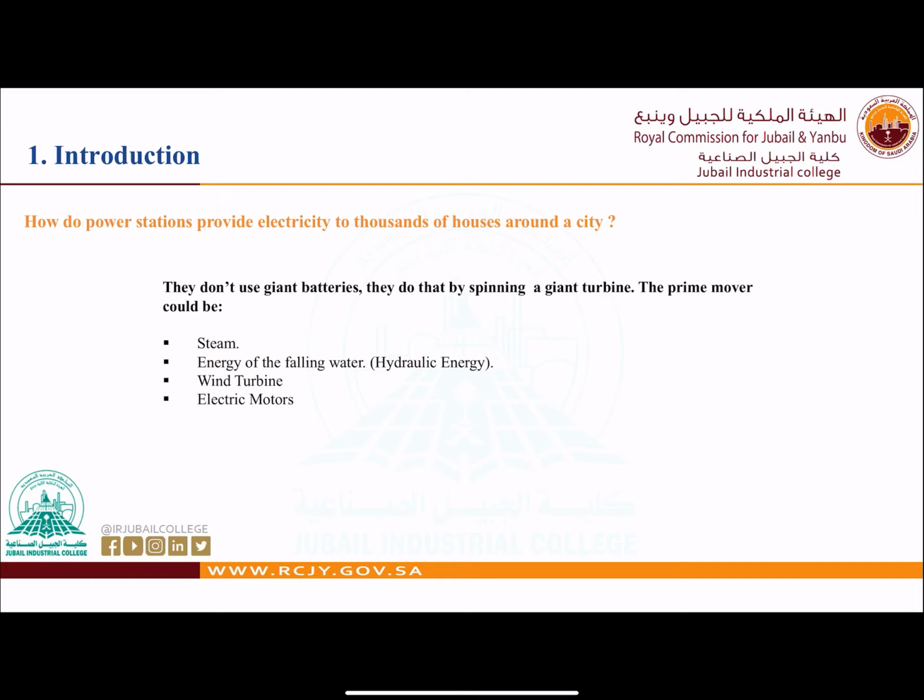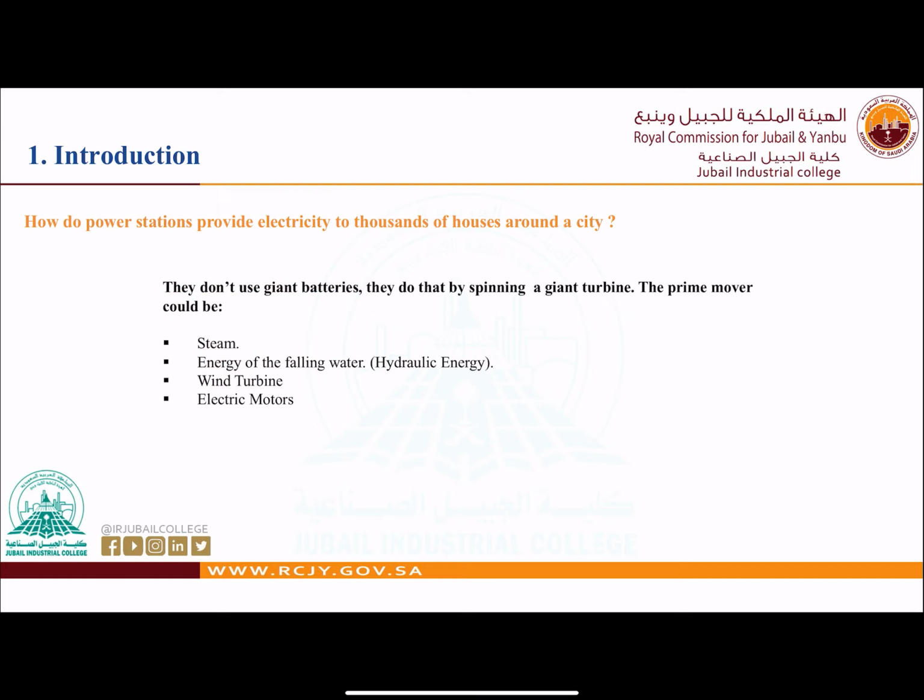They don't use giant batteries, of course. They do that by spinning a giant turbine. So this turbine is going to be attached to the generator. We will have a movement from the turbine, then this generator is going to generate power.